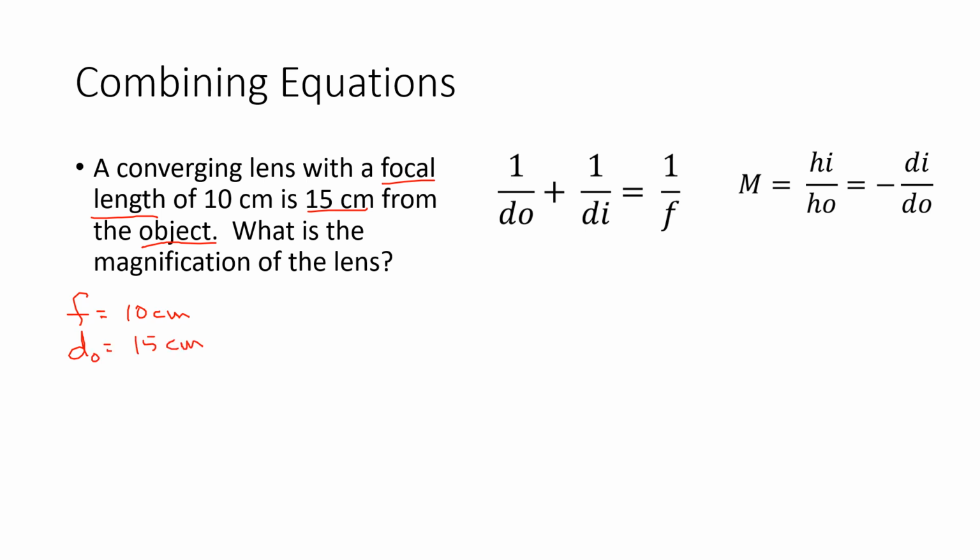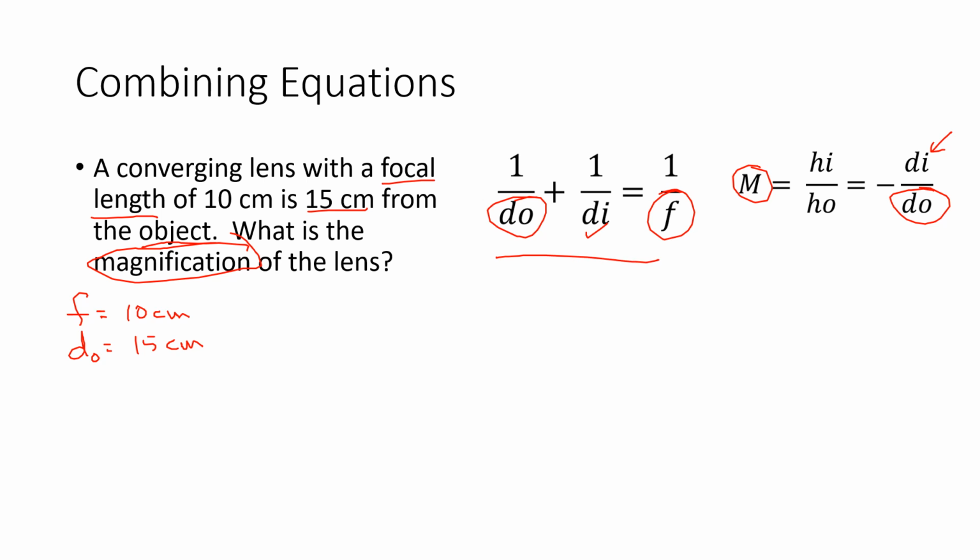And we are looking for the magnification, so we want this guy. So far we've got the distance to the object, and if we want the magnification, looks like we're going to need that one. Let's see if we can get it from the thin lens equation here. We've got the focal length, and we've got the distance to the object, so we can figure that one out there. So let's use this first.